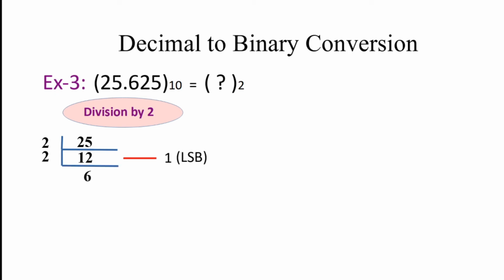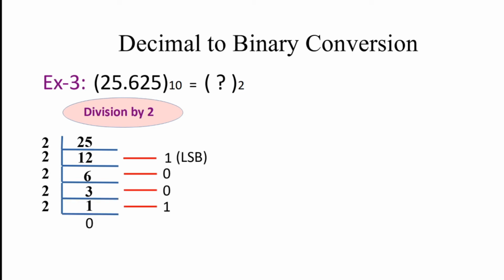And for this case, performing the same operation, we will get 1 as the MSB. And then we have to read off. So the binary equivalent of 25 will be 11001.